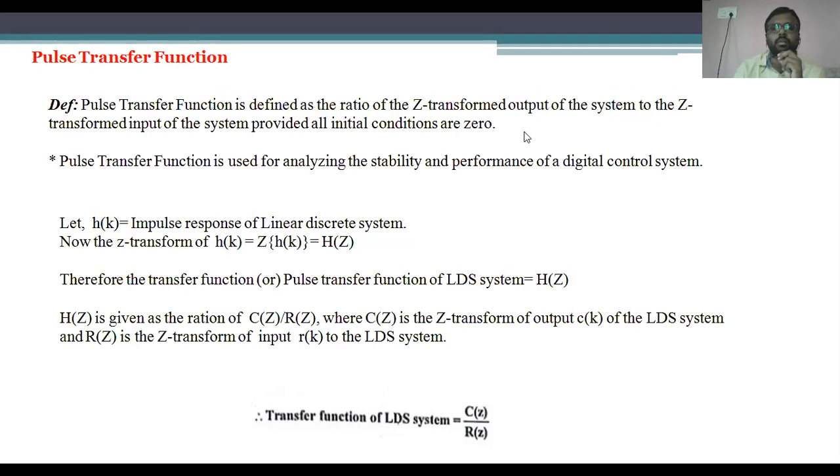But here comes a condition that all the initial conditions should be assumed to be zero.